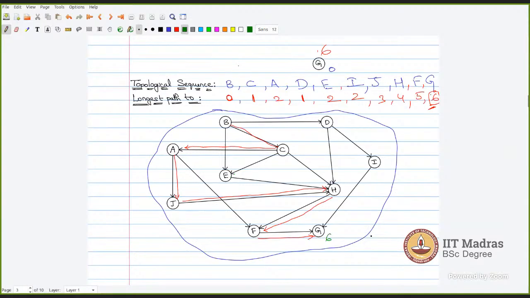This particular number 6 gives you the longest path in the graph, considering all the vertices and all the edges.